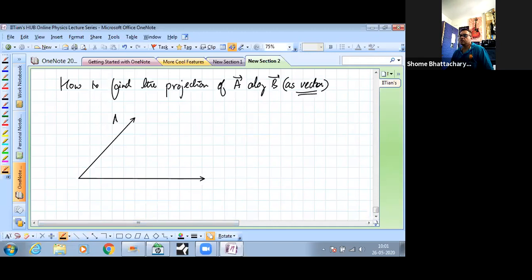This time, let's just say I've shown the vector E over here, the vector B over here, and this angle is theta. Now the projection of vector E along B, drop this perpendicular and then express this thing as a vector over here.